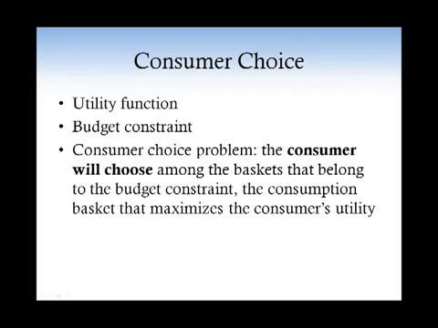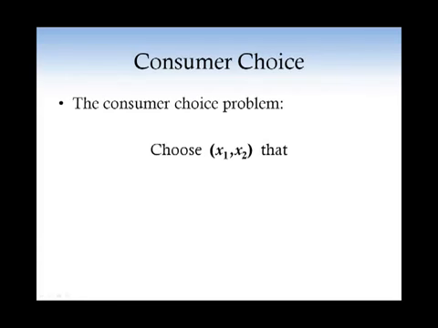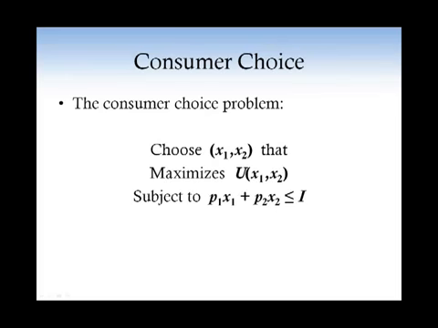Also, exploiting the fact that both the budget constraint and the utility function are mathematical concepts, we can write the consumer problem in a more precise way. That is, the consumer chooses the basket x1, x2 that maximizes the utility function subject to the budget constraint.